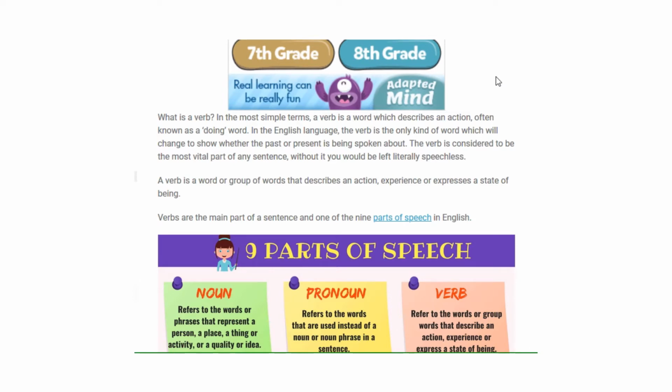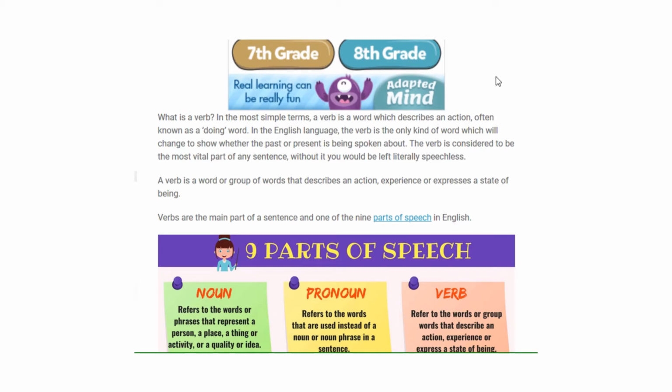So the verb is considered to be the most vital part of any sentence. Without it, you would be left literally speechless. So, a verb is a word or group of words that describes an action, experience, or expresses a state of being.